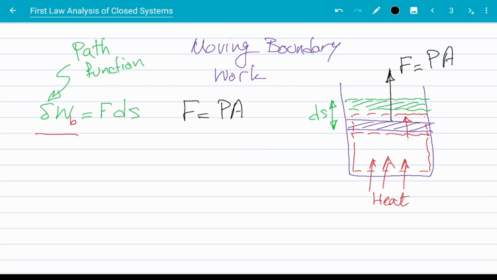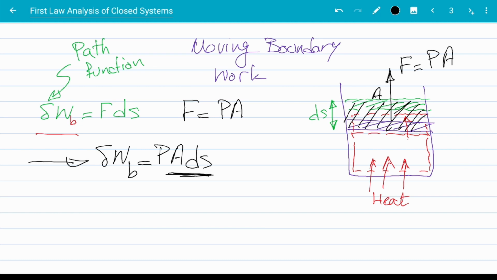So let's write that down here. If I combine these equations, I will get delta W_b, or delta work of boundary, is pressure times cross-section area of the piston times ds. Now, cross-section area times ds actually represents this volume.